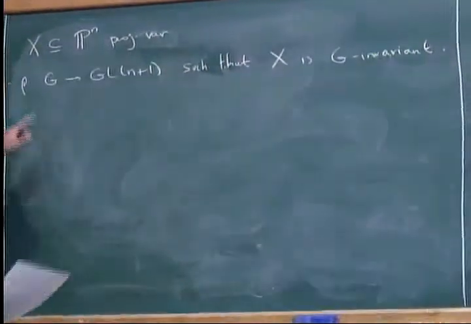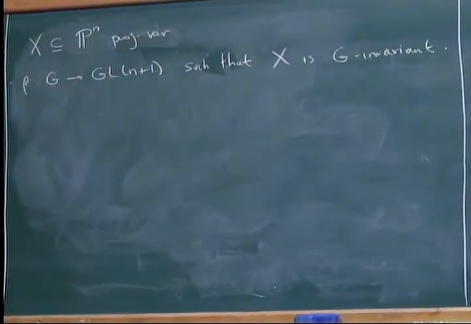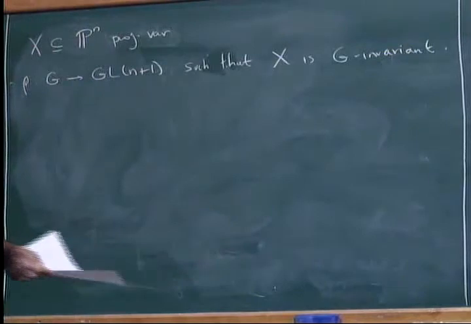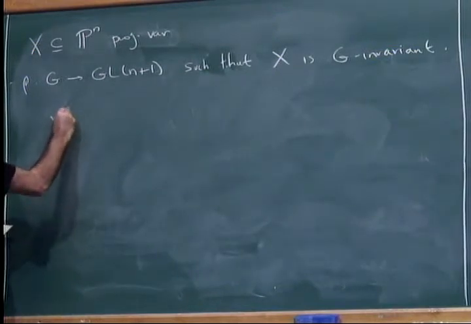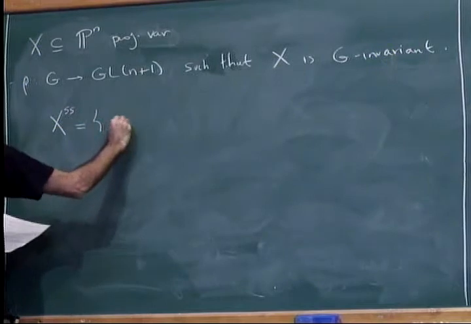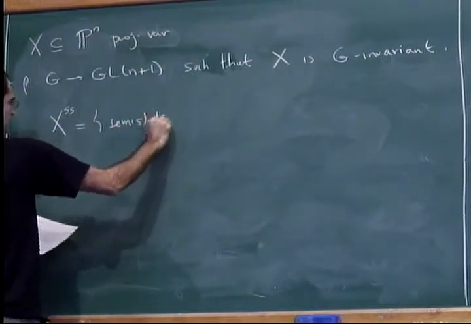That is, the action of G induced on Pn leaves X invariant. Okay? So this is what you get when you have an action on X that is linearizable. And I'm picking a linearization. Okay? So last time we defined a subset, the subset of semi-stable points.